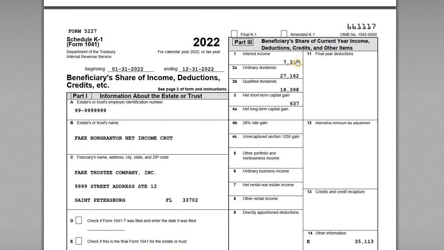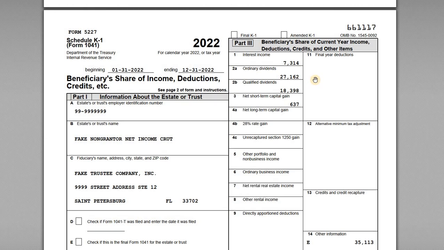Now, the important parts are, again, up here in the income allocations, right? So remember, from Adam's perspective, he's just going to get a check for $35,000. He needs to know, per the K-1, what is the makeup of that amount. And so this will help him prepare his tax return and report everything as it should on his 1040.